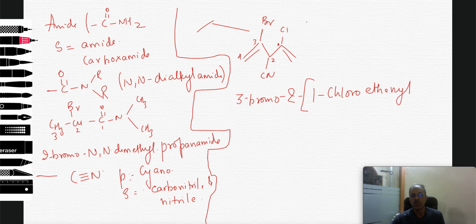This whole part we can take as a complex locant. So it is 1-chloroethynyl at the second position. At the second position, it is 1-chloroethynyl.